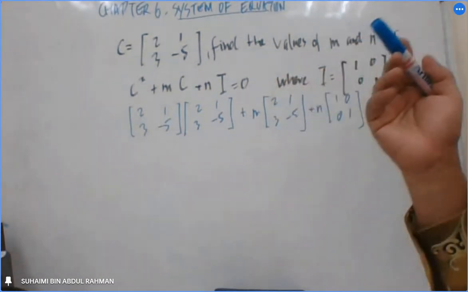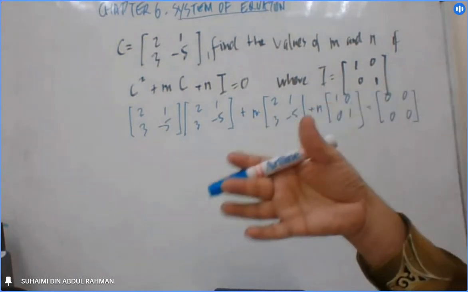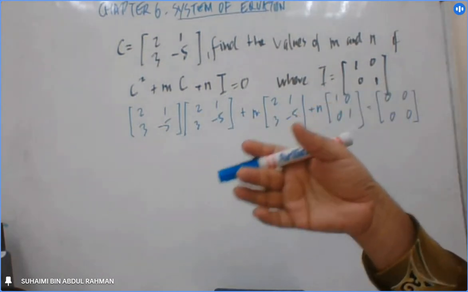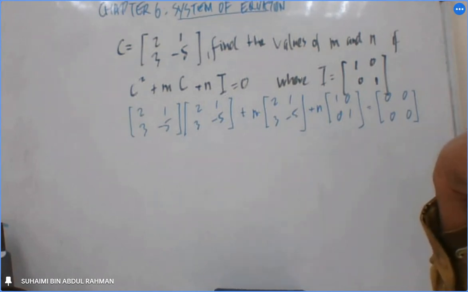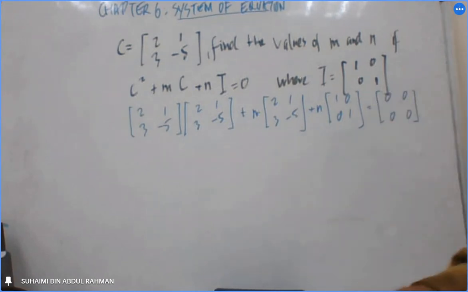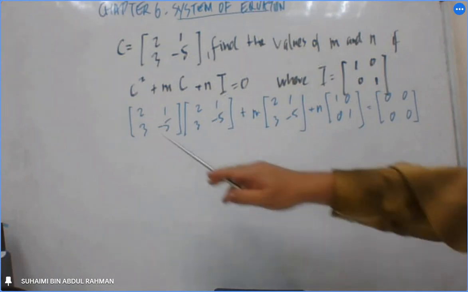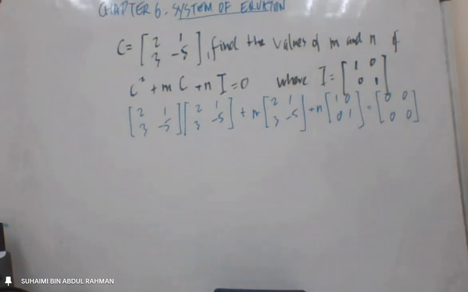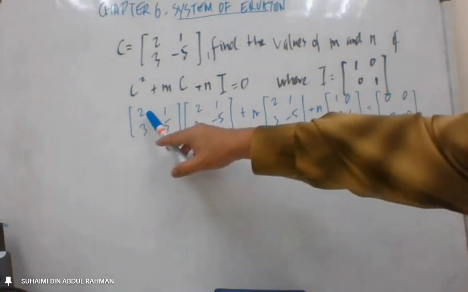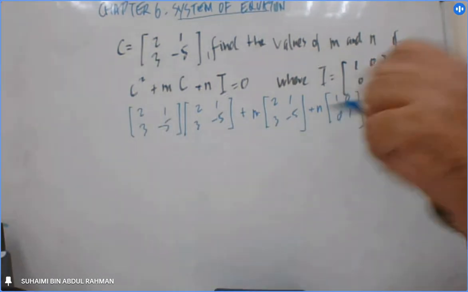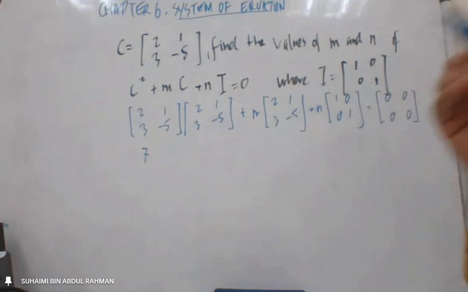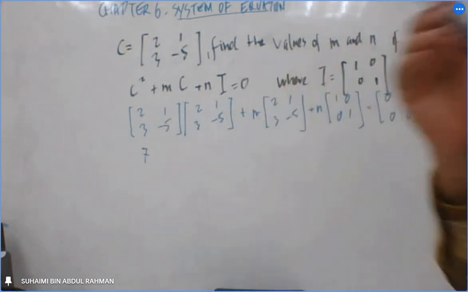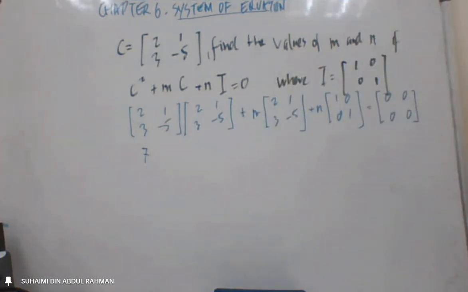You multiply, like I showed before. 2 multiplied by 2 plus 1 multiplied by 3. So we get 7. And then 2 multiplied by 1, plus 1 multiplied by minus 5.